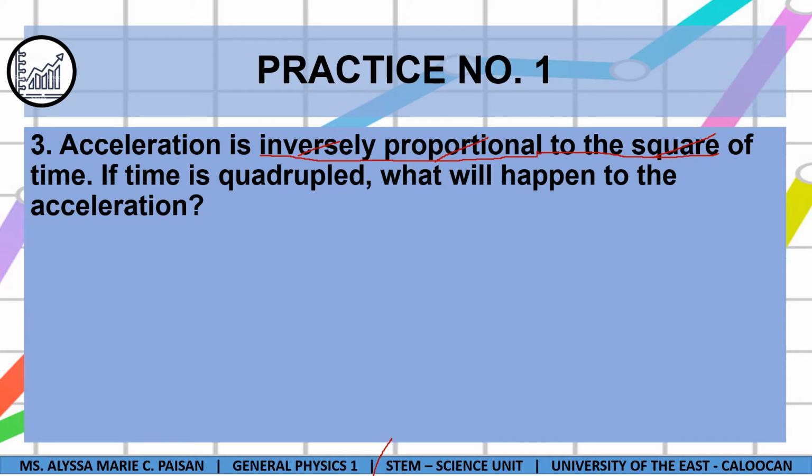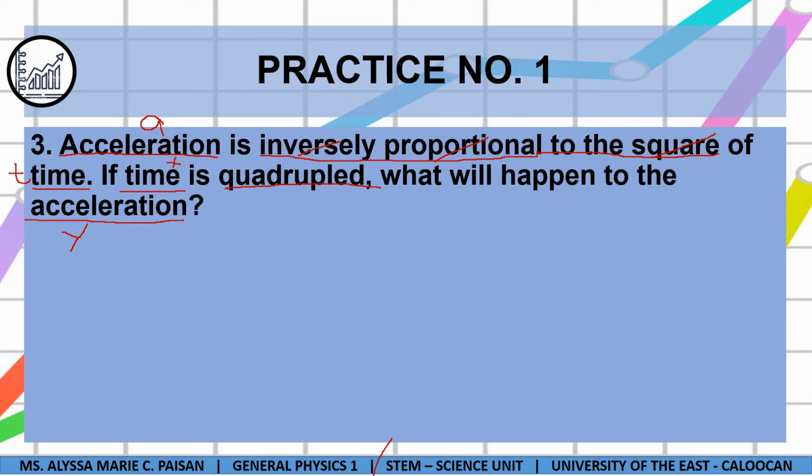Okay? And then, let's set again the representations for our variables. Let's say that acceleration will be A, and then let's say the time will be T. And since time is the one that we quadrupled, it means that our time will be the X, and then our Y will be the acceleration.